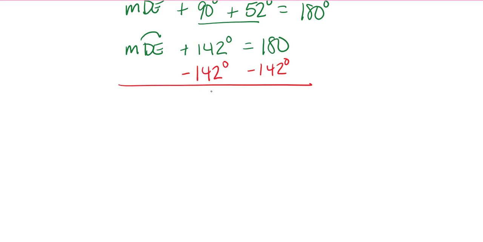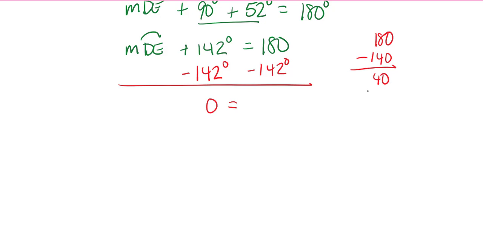Because then this becomes 0, which is what we want, and whenever we do one side, we have to do the other to make it so that it still stays equal. So we have 180 minus 142. Another quick way to think about this is we can go 180 in our heads minus 140, so that would just give us 40. But notice we have 142.